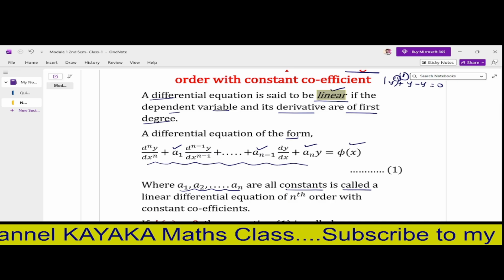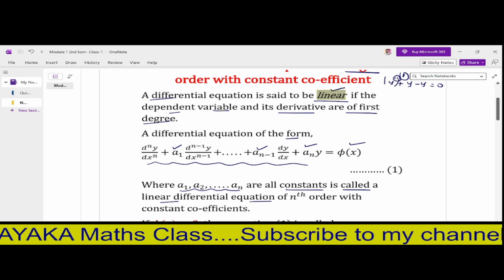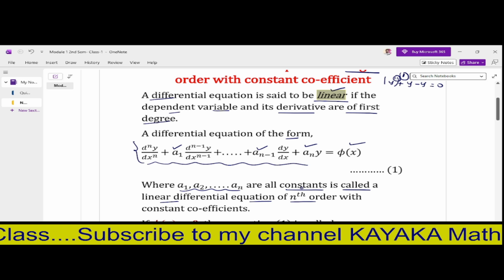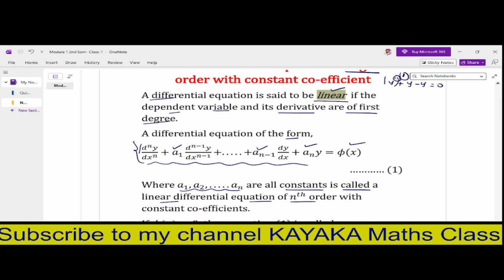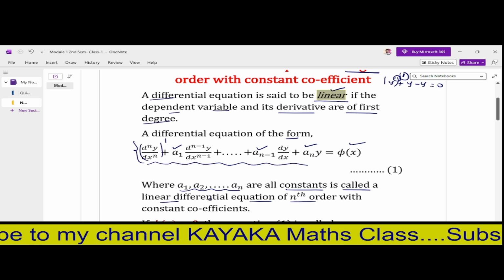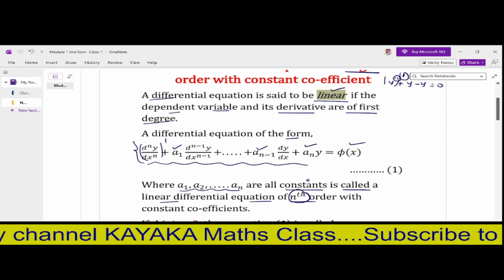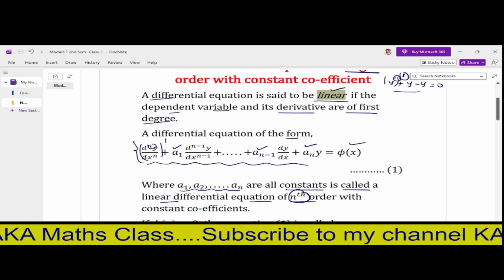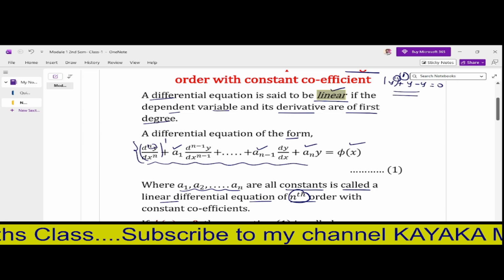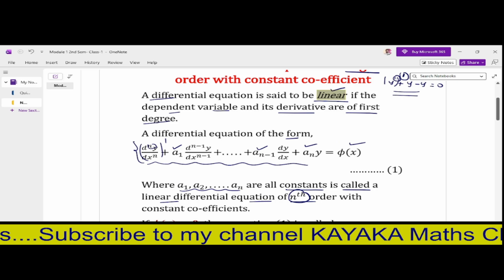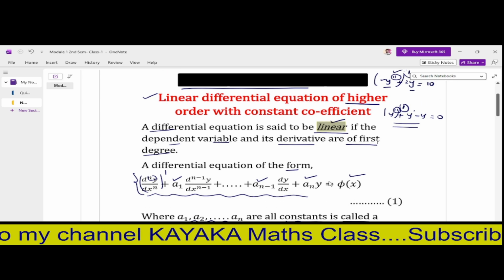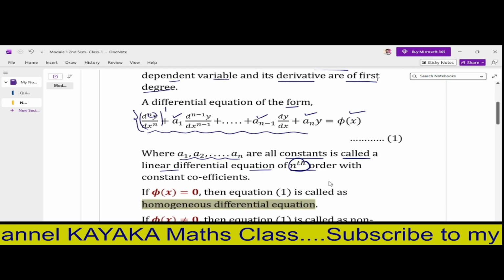This equation number 1 is linear because its degree is 1, you can see its power is 1. It is a differential equation of nth order. Why n? Because it is differentiated n times. This is about the definition of higher order linear differential equations.